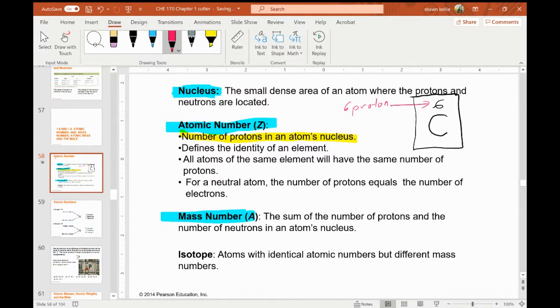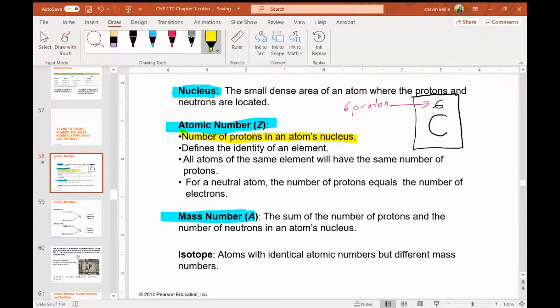What happens if it has 7 protons? Then it's not carbon. Then it's nitrogen, right? The number of protons defines the identity of the element. If you change the number of protons, then you have changed elements. That is what we define elements by, their number of protons. So it's an extremely important number.